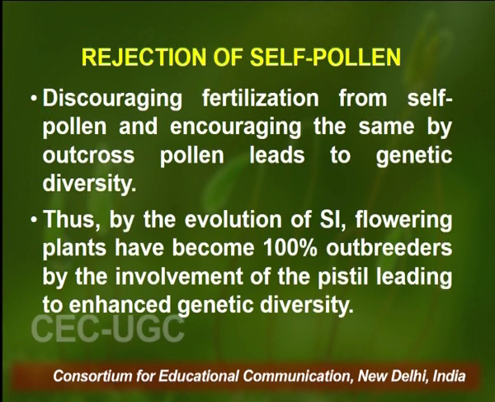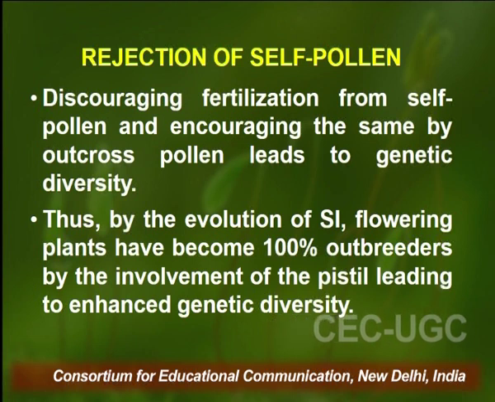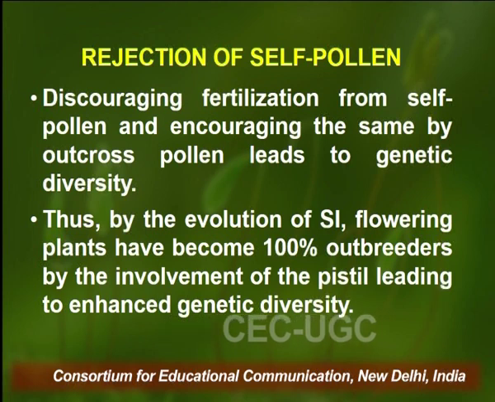Thus, when we talk about the evolution of self-incompatibility, flowering plants have become 100% outbreeders by the involvement of the pistil, leading to enhanced genetic diversity, because there is a cross pollination involved in this phenomenon.